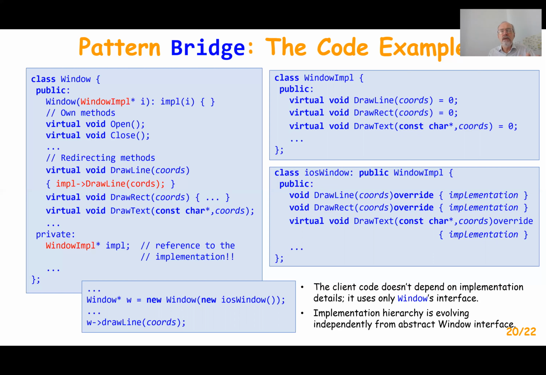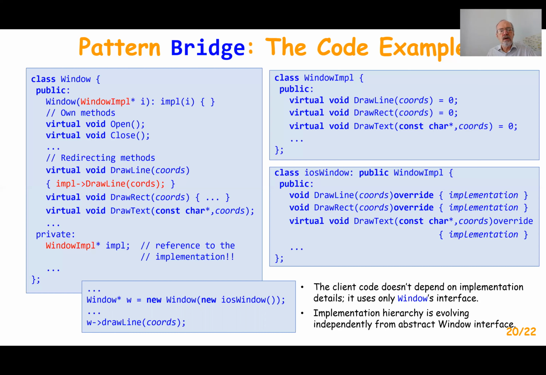Look, we manipulate with the abstraction, window, and we pass the pointer to the concrete implementation of that window. Here we say that we will have an abstraction window implemented using features from a particular platform. This line is the only point where we mention the concrete platform.